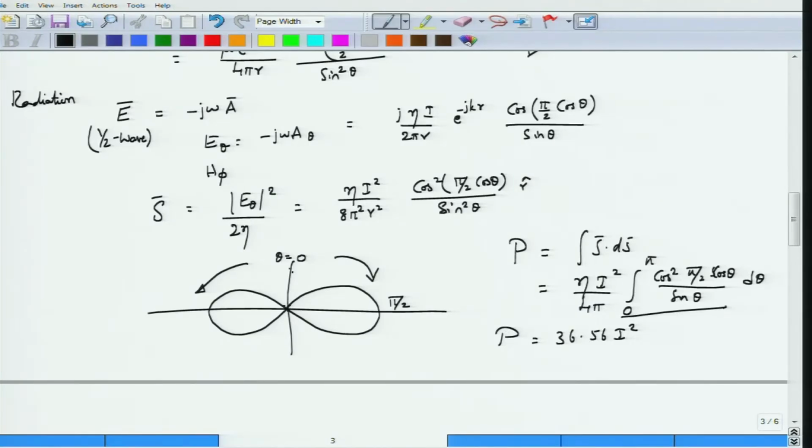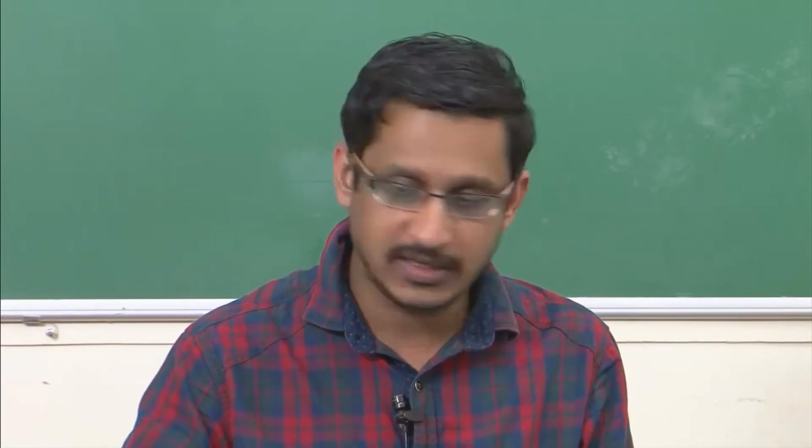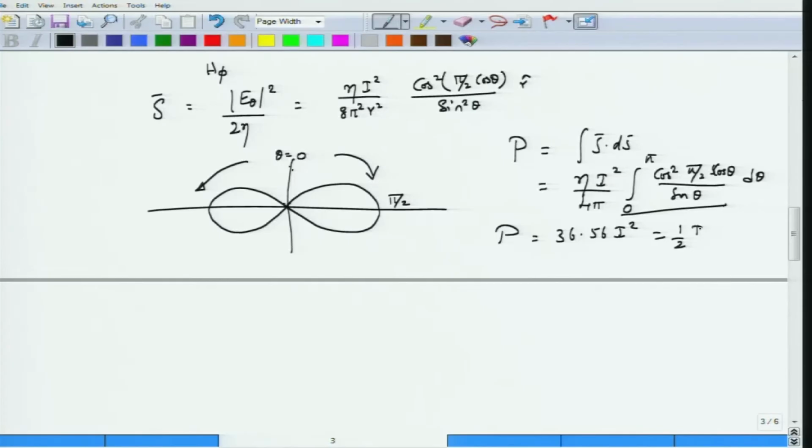But remember, we also talked about the power and the radiation resistance of an antenna. The radiation resistance of an antenna was an equivalent way of looking at an antenna as a circuit element, right. So, the power dissipated would be equal to half I square R A, where R A is the radiation resistance of the antenna. R A or R R, both work. So, we will use R R because that is what we have used.